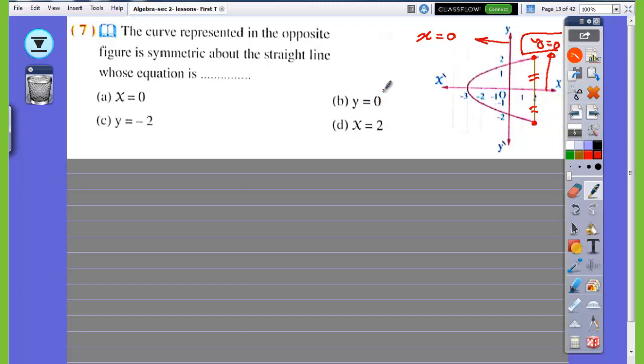So the answer is letter B. So we can complete: the curve represented in the opposite figure is symmetric about the straight line whose equation is y equals 0. There are no steps.